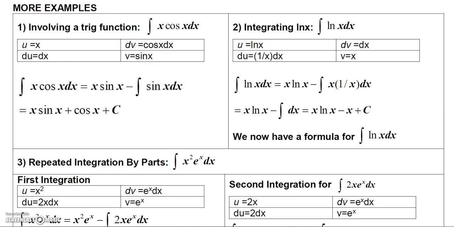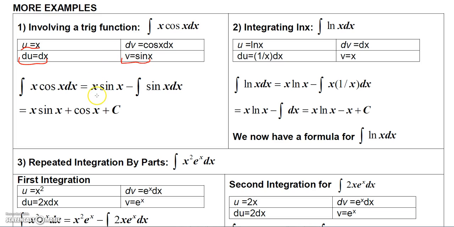Okay, I won't work all of these, but I'll show you how to get started on these. The first one is x cosine x dx. So if you let u be the x portion of that integral and let dv be the cosine x dx, then du would simply be dx, and when you integrate both sides, v would simply be sine x.